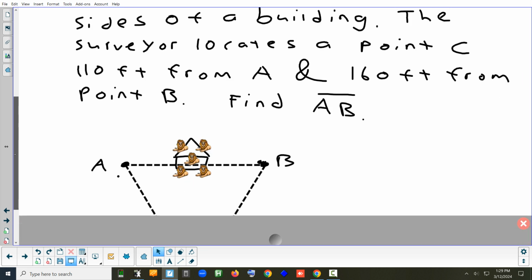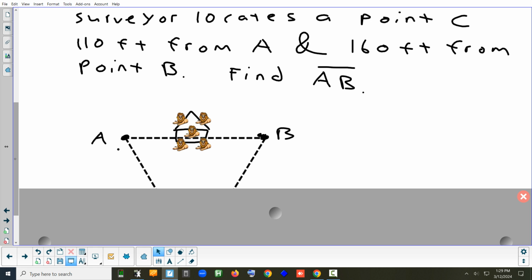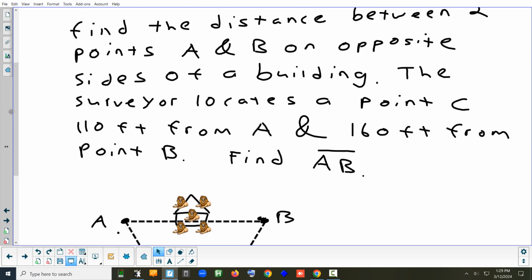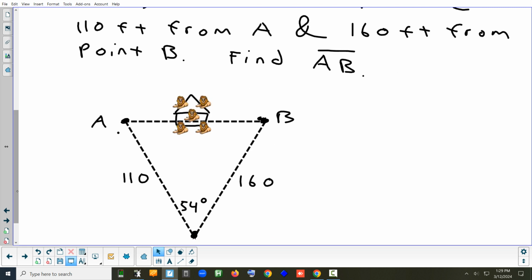So we've got to measure between A and B. And then the surveyor is going to be standing at point C, a point where they can see both points they're trying to measure between, but out in front of it, at a safe distance from the 5 lions.